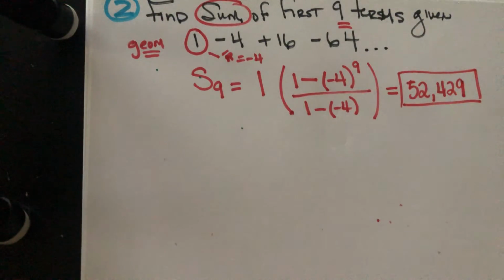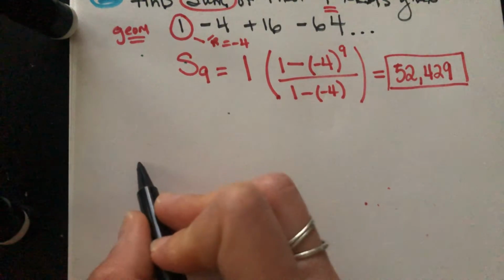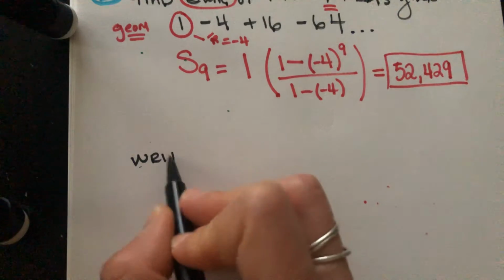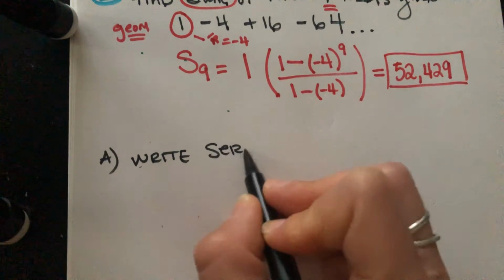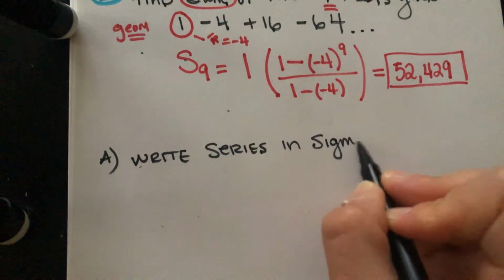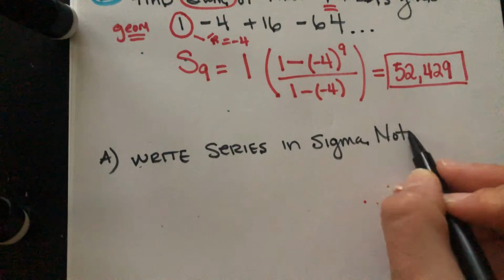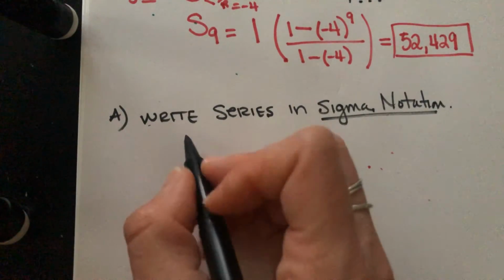Okay, last problem. There's going to be 2 parts to this last problem. Part A: write the series in sigma notation. So that's the first part. And here you guys go.